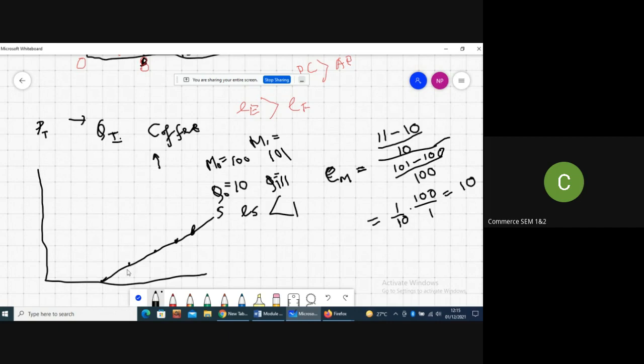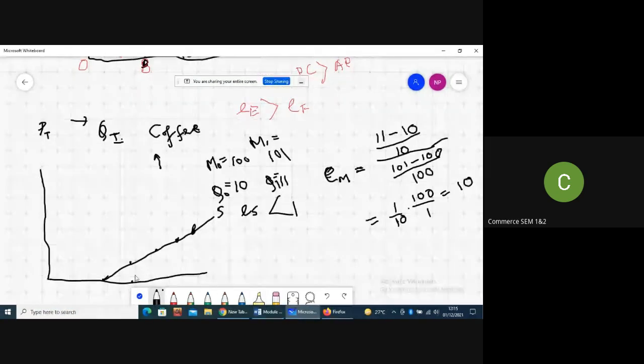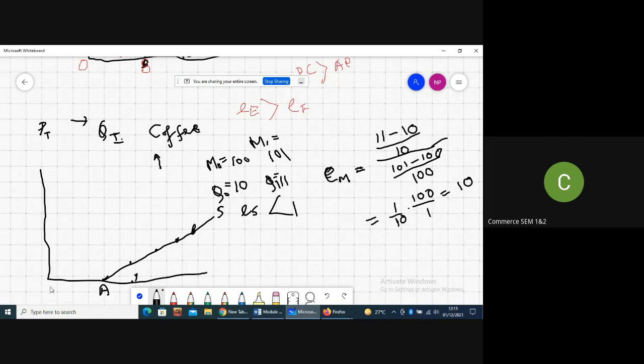Because if you start from this point, this is your Y, and this is point A, and this is point O. So elasticity will be equal to AY divided by OY. As AY is less than OY, elasticity of supply will be less than 1.